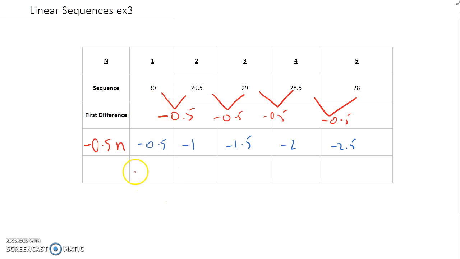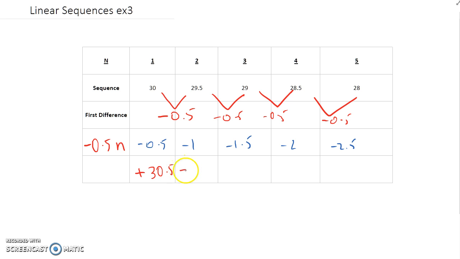Well, I'll have to add 30.5 because if I add 30.5 and minus 0.5, I end up getting 30. So the next one, how do I get from minus 1 to 29.5? Or in other words, what is 29.5 take away minus 1?